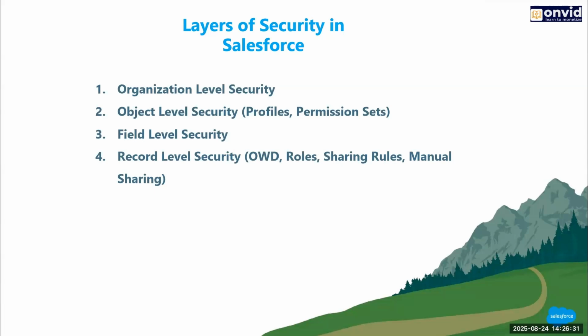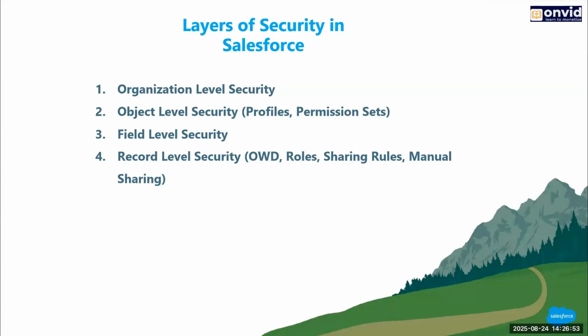As I told you previously, record level security in Salesforce is very vast. There are plenty of scenarios that can come into the picture, like what sharing rules are and how you can use them. Sharing rules are of two types: one is ownership based and one is criteria based.